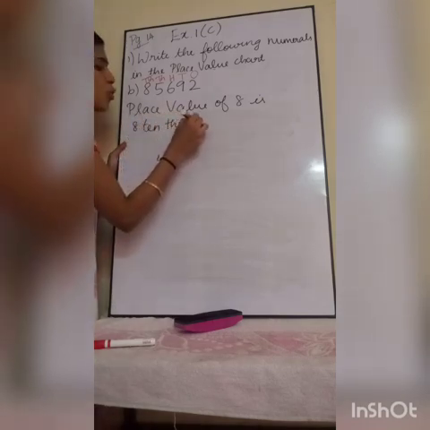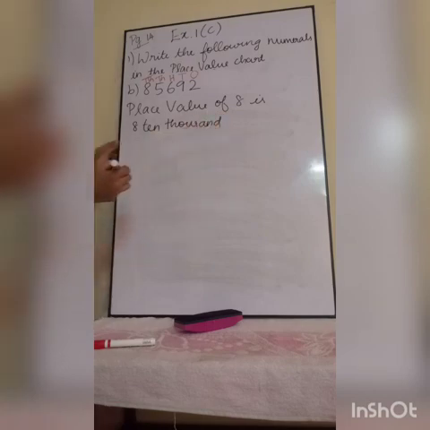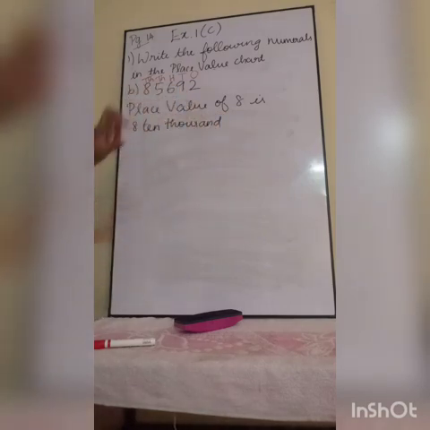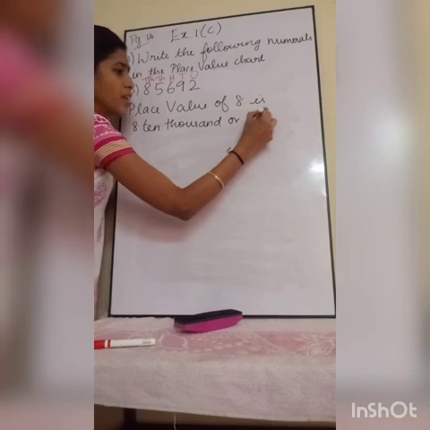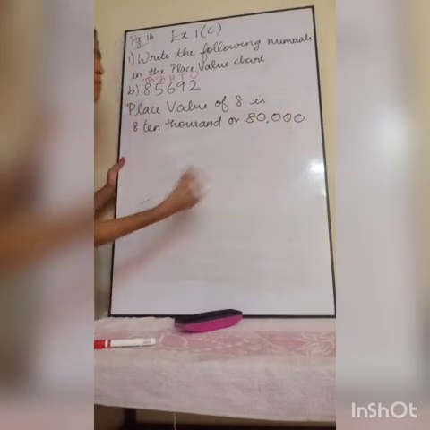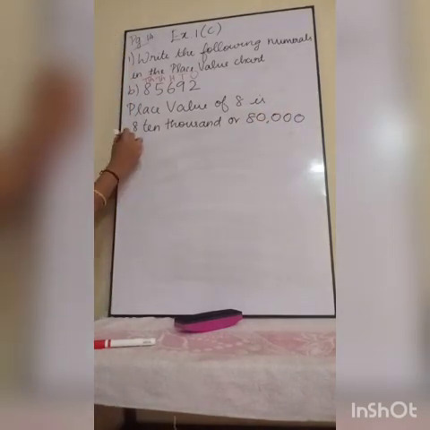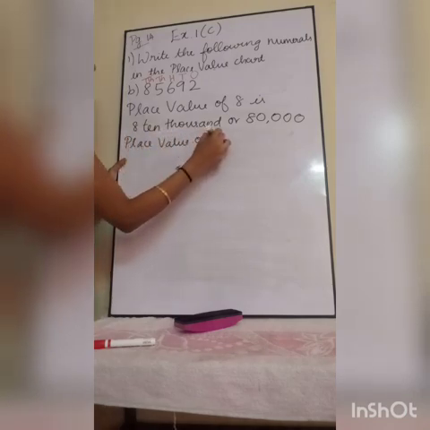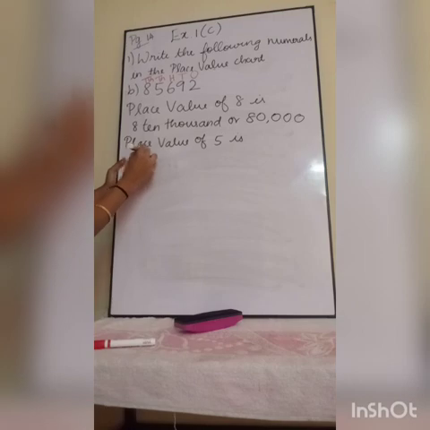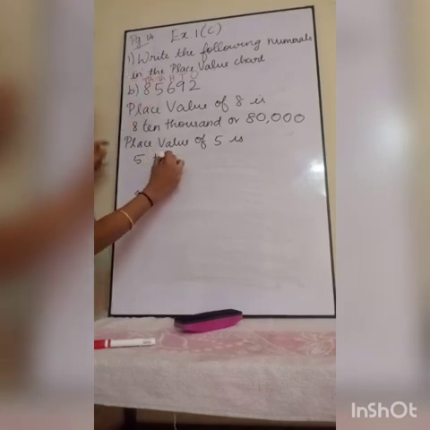You should not write only 10,000, children, because place value means that digit and its value of a place. So 8 into 10,000, or 80,000. Okay. Next, place value of 5 is 5,000, right?